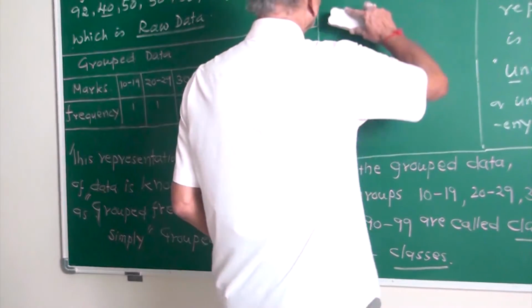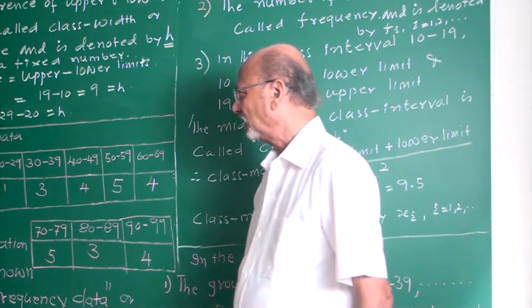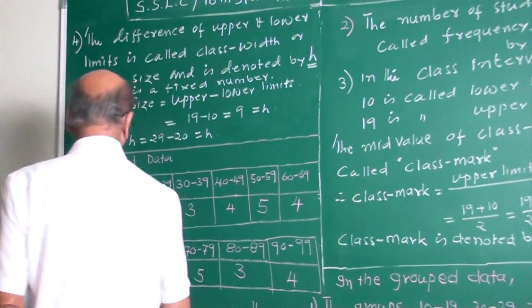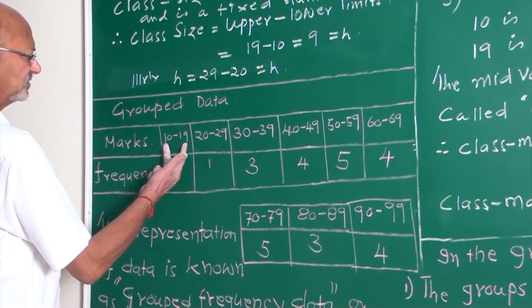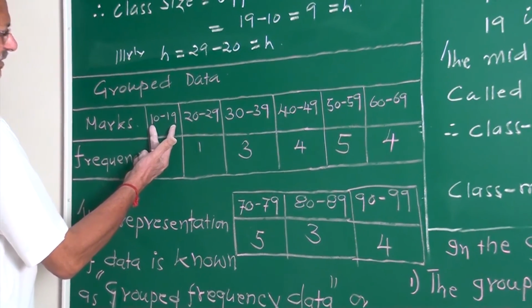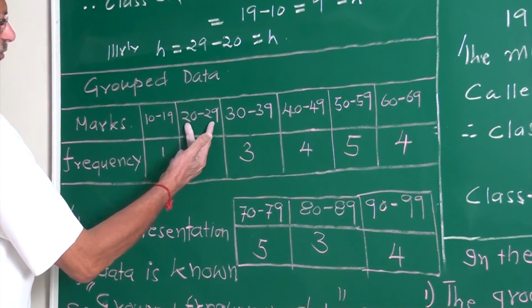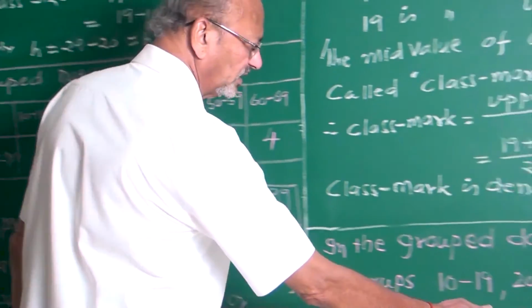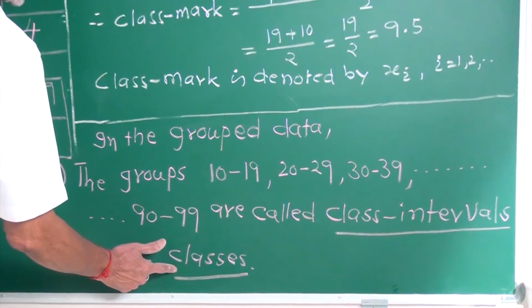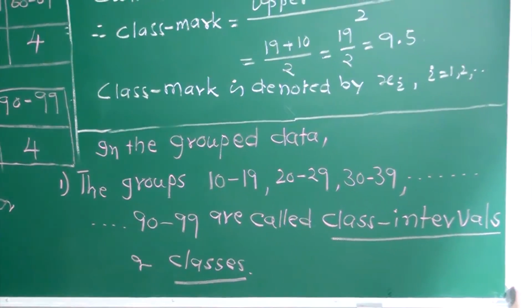Next, we go with a few more definitions here, my friends. I told you this is grouped data, in which these are called class intervals: 10 to 19, 20 to 29, 30 to 39. All these are called class intervals or classes or simply class.